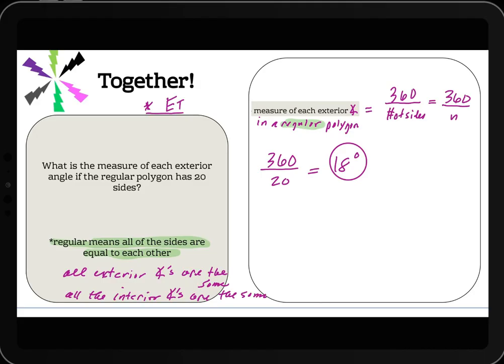Okay, that is the illustration of how to calculate that specifically. So I utilized this information here to help me answer that question, and it asked for each exterior angle of a regular polygon. You can only do that on a regular polygon, as is the case here.